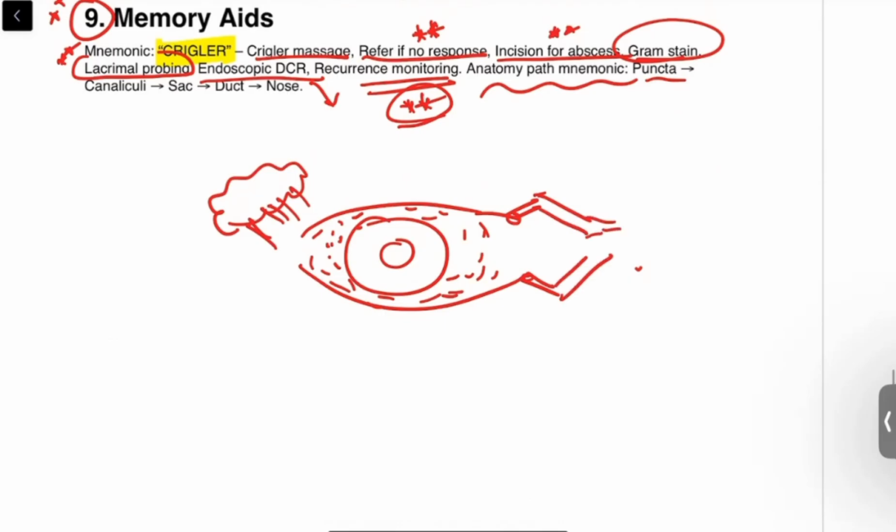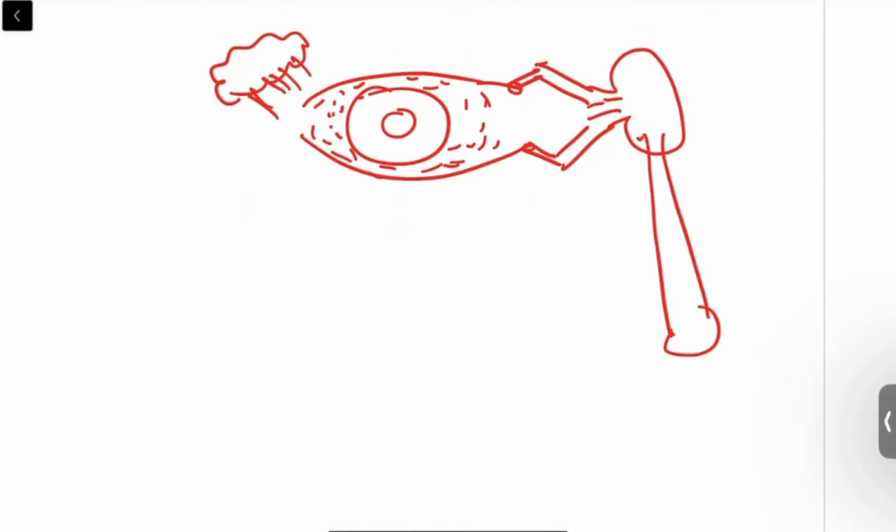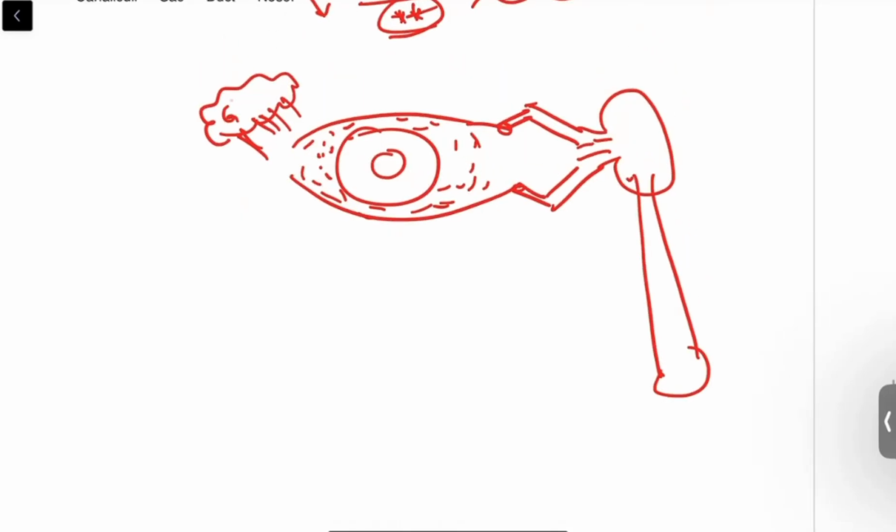These canaliculi will in turn open into a lacrimal sac, which will in turn open into the nasolacrimal duct. Okay, so this is a gland, these are channels, and then the tear film. These small openings are puncta, and these are canaliculi.